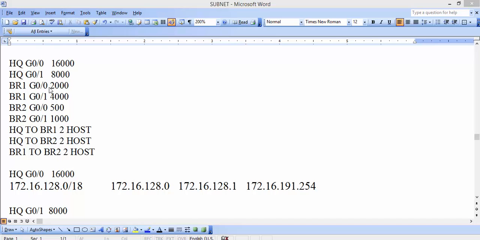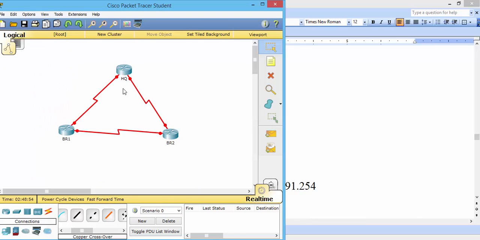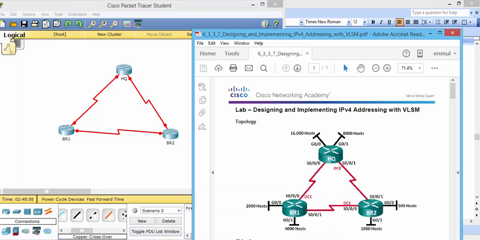Now, for branch 1 gigabit 0/1, we need 4,000 hosts. So this is branch 1, and for gigabit 0/1 we need 4,000 hosts, and for gigabit 0/0 we need 2,000 hosts.